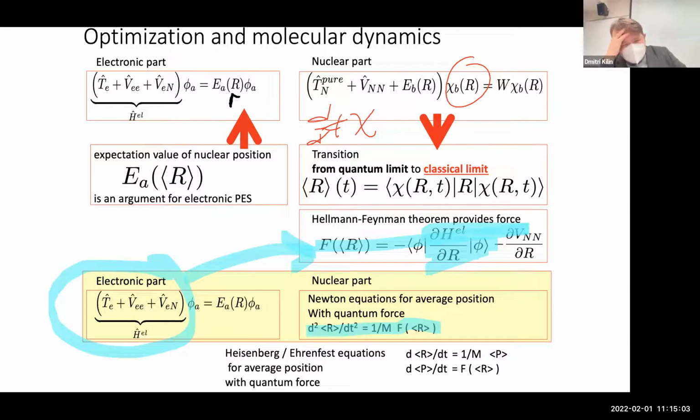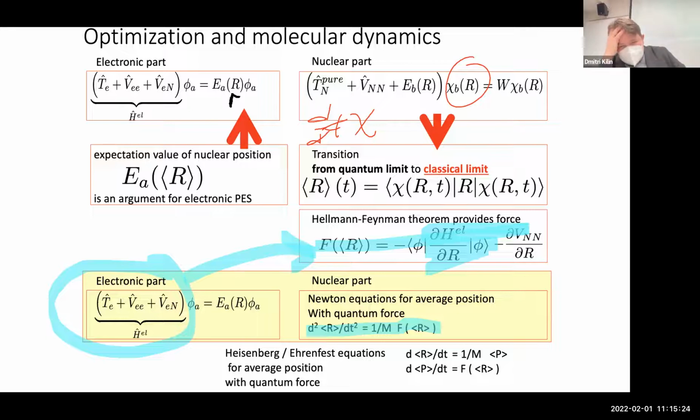A week ago, we split the molecular Schrodinger equation into electronic and nuclear parts, into the electronic Schrodinger equation and the nuclear Schrodinger equation. And yesterday, we replaced the time independent nuclear Schrodinger equation with the time dependent Schrodinger equation.